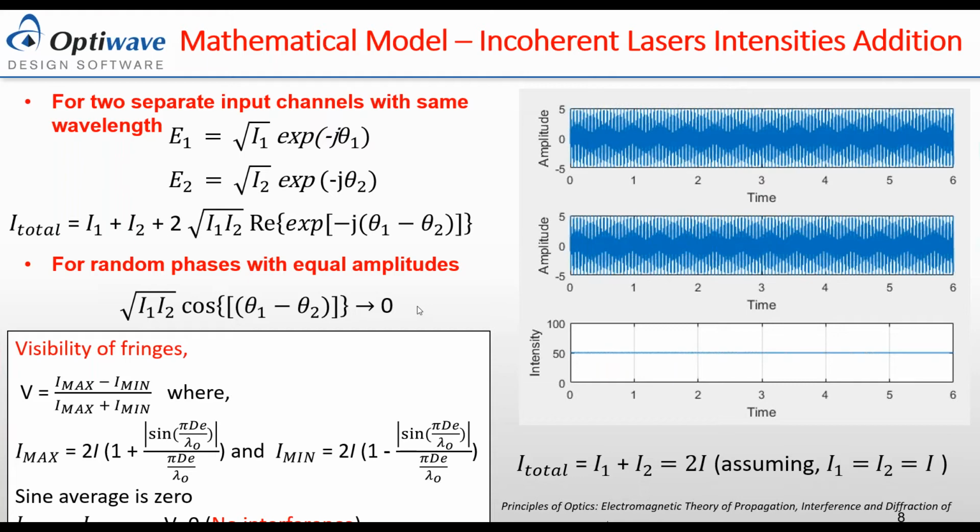In general, they are not coherent, and as we will show you later with experimental results, their input intensities will add. If you go to the final output at the right hand side, that I total is the sum of I1 plus I2, assuming I1 is equal to I2. They do not interfere, they add simply, a DC addition of the average powers, it is not an interference of light.